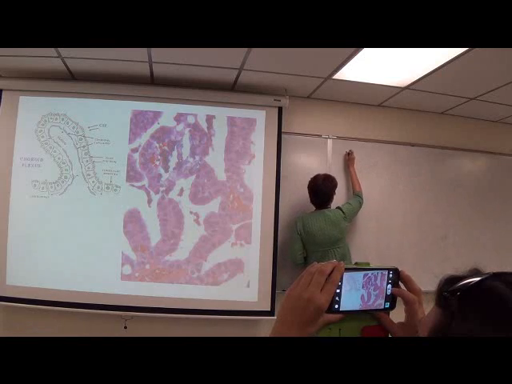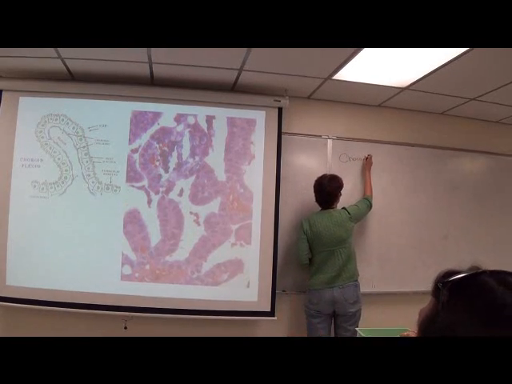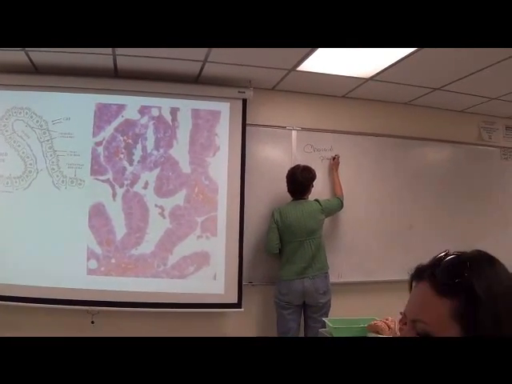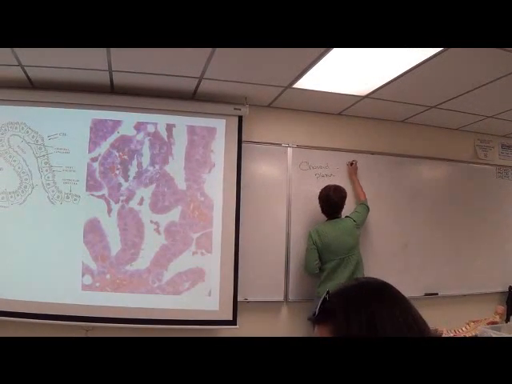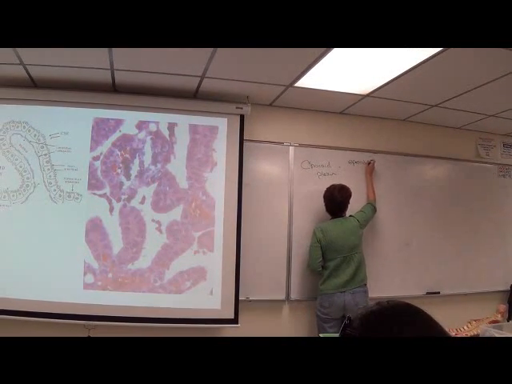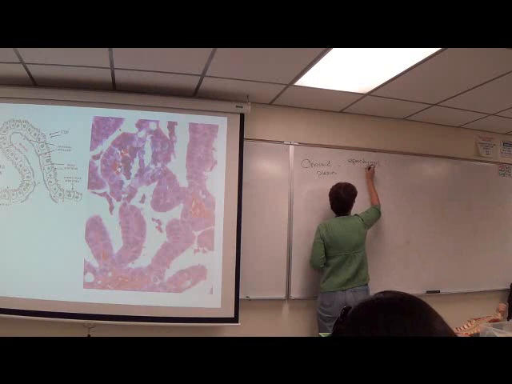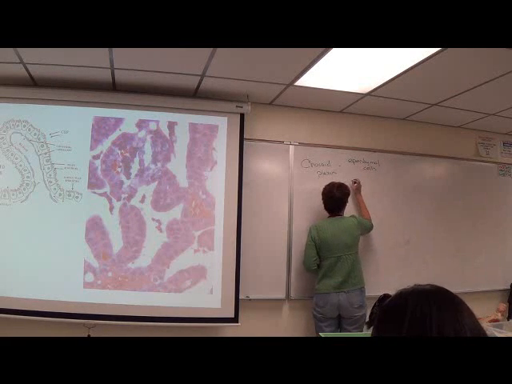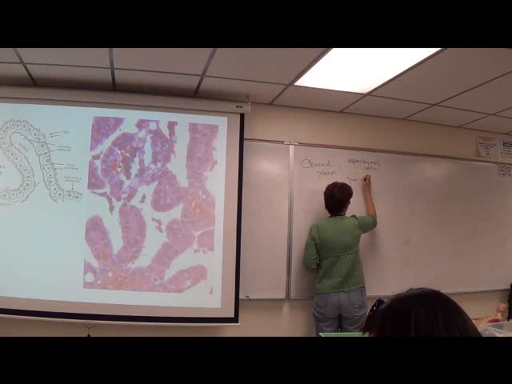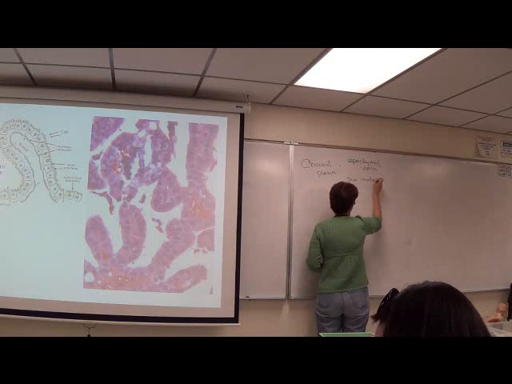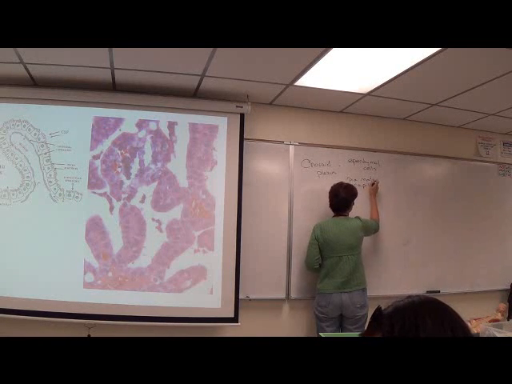So, choroid plexus is formed of ependymal cells and pia mater capillaries.